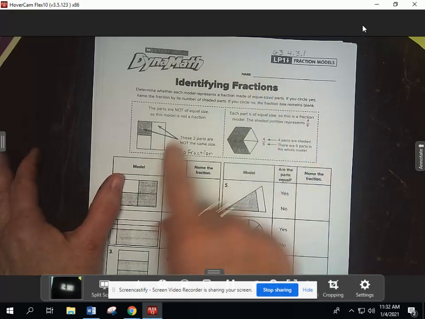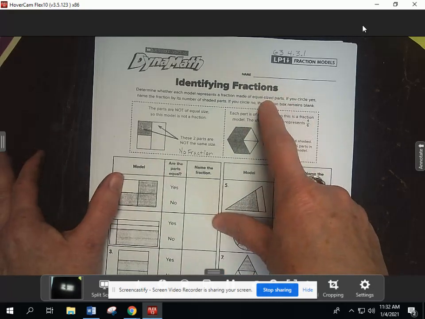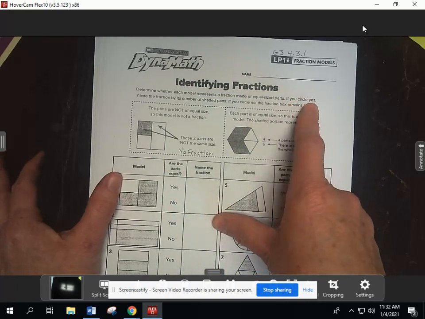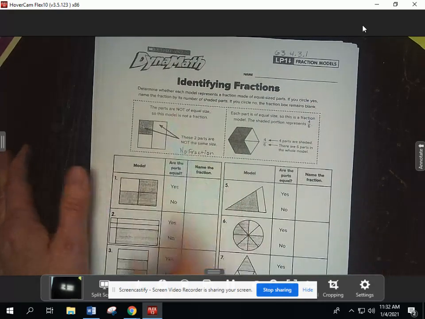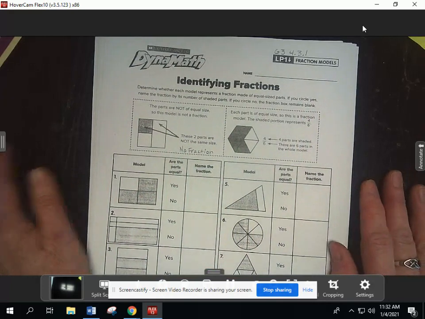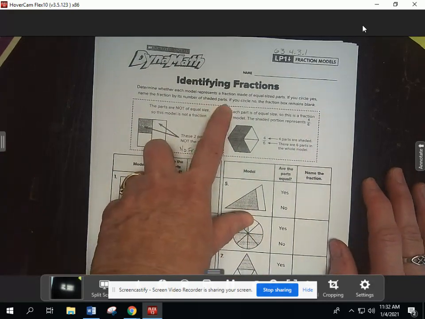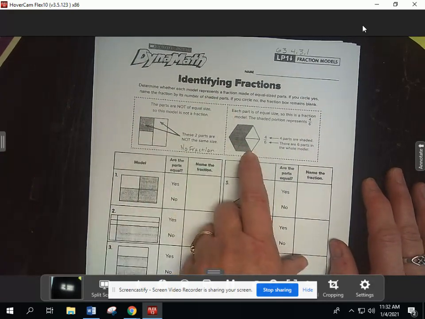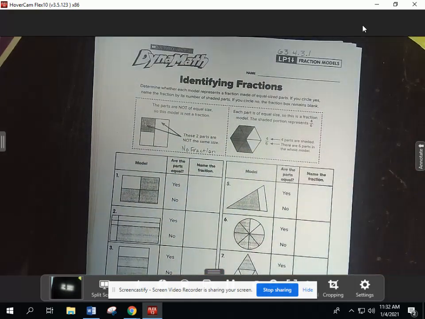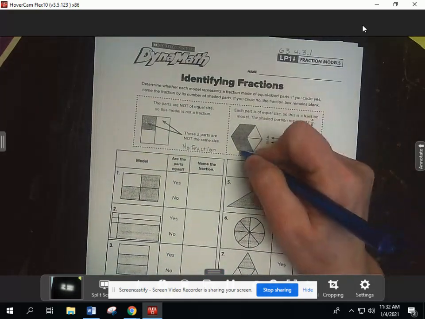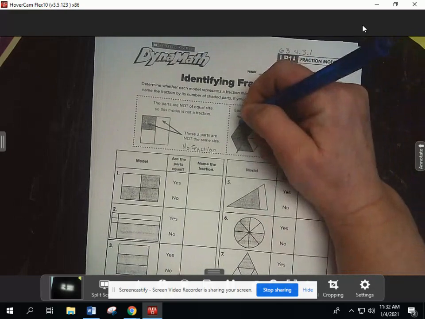Right now we're talking about equal sized parts. If you circle yes, name the fraction by its number of shaded parts. See the example? I'm going to extend the lines a little bit so you can see its lines.